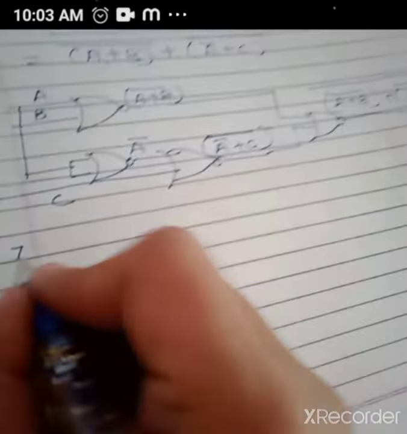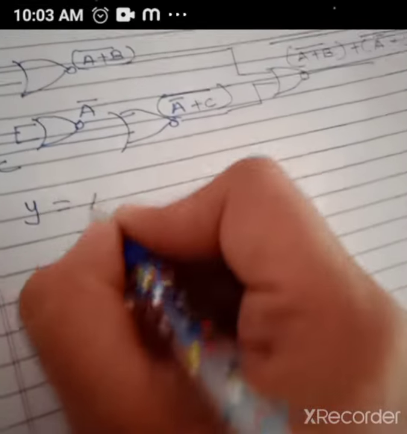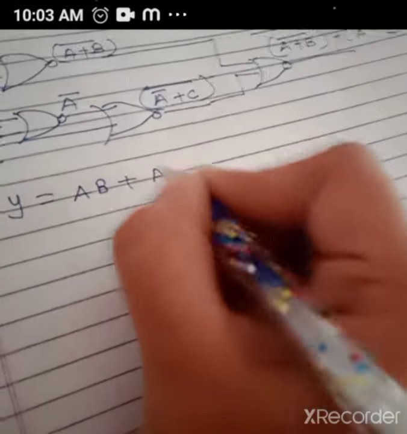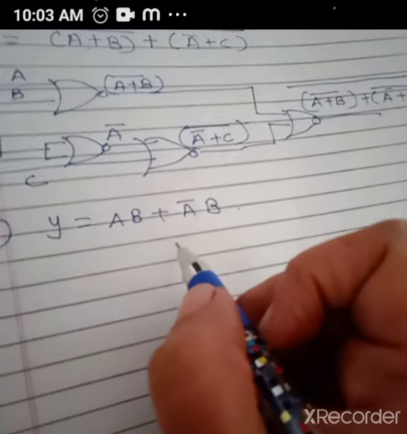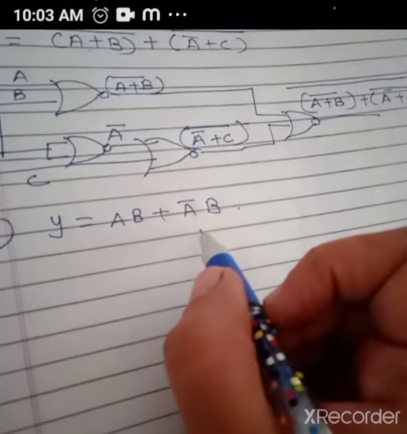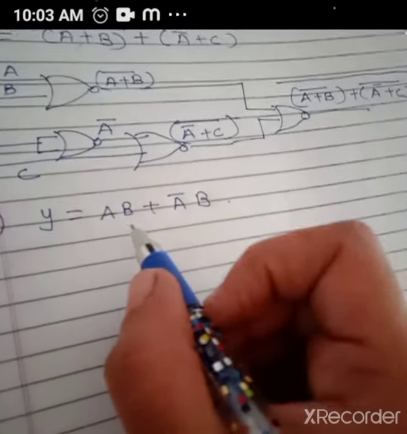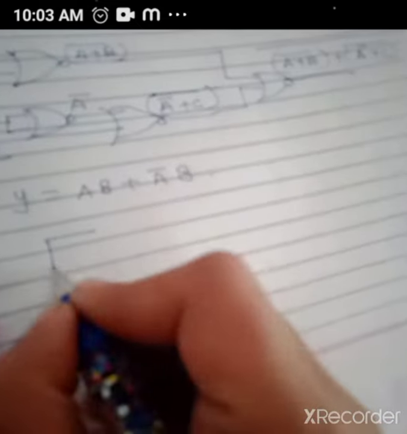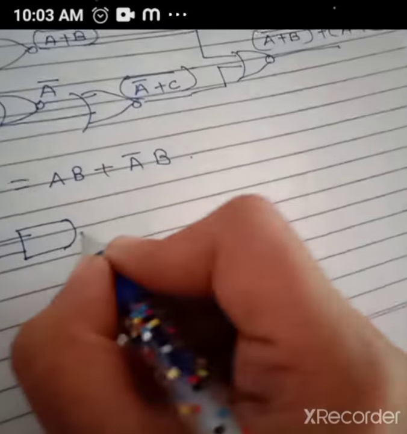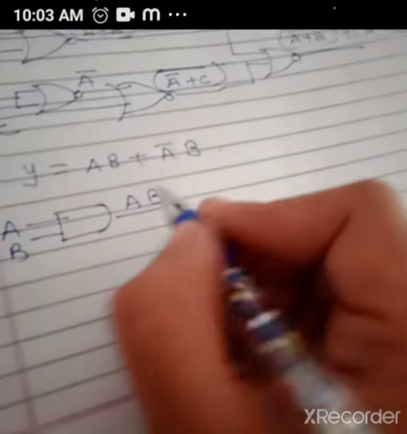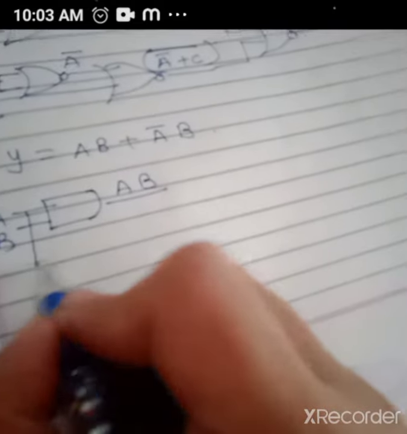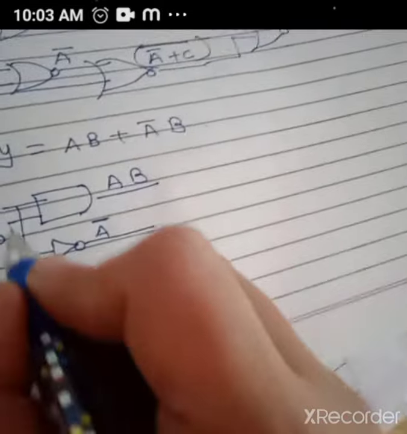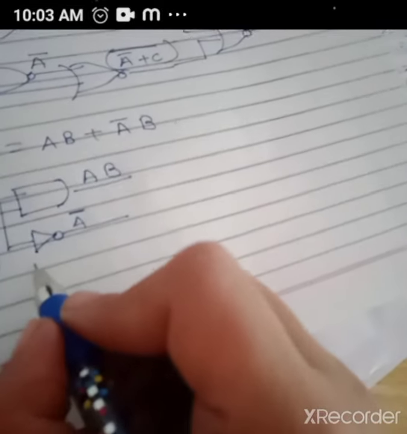We'll see next. Y equals ab plus a bar b. The question is to draw a logical diagram for this. For a and b multiplication, take an AND gate. It will give a into b. Now here a bar, so take an inverter, which will give you a bar. Take b as it is.